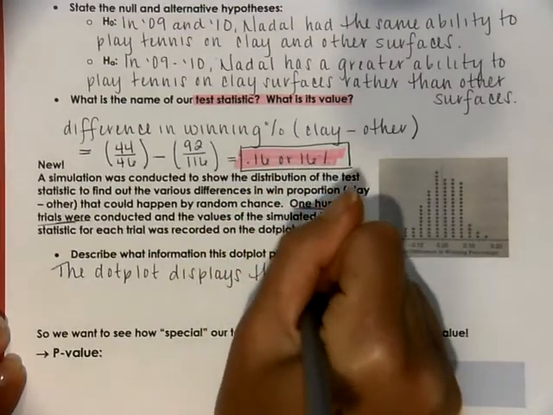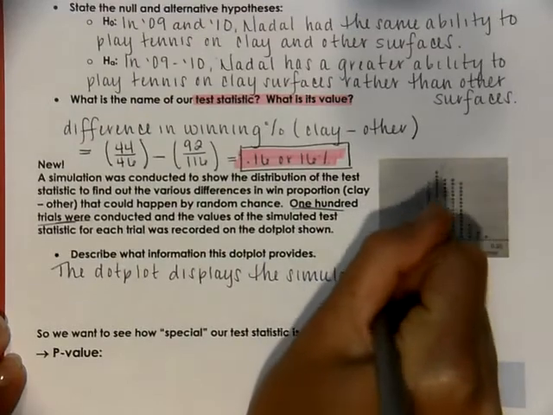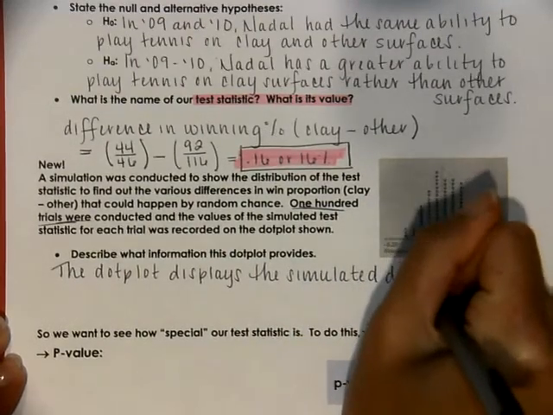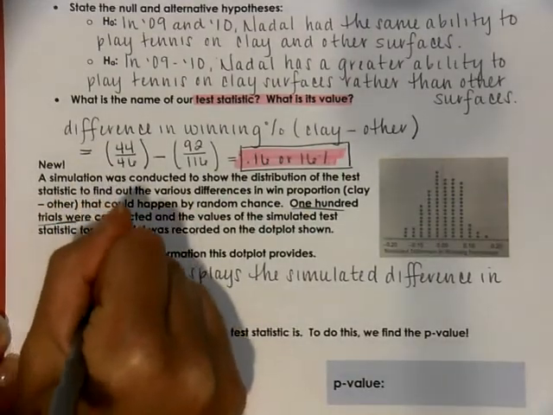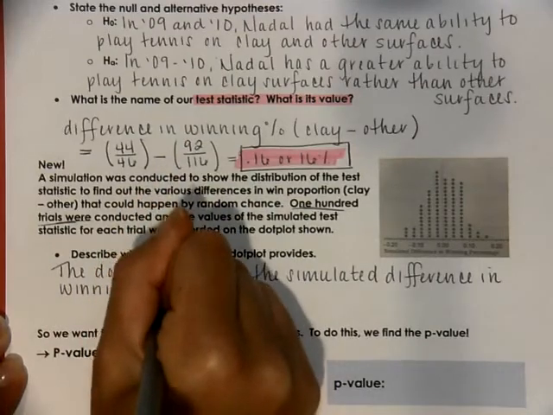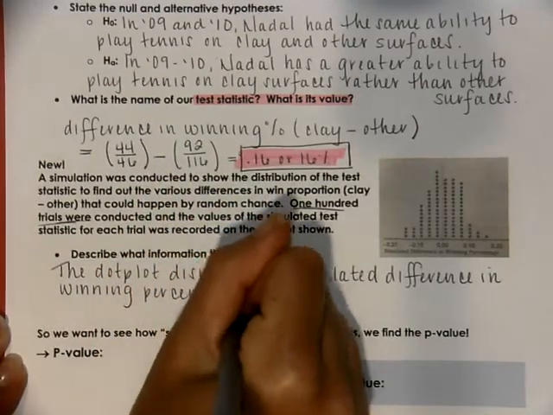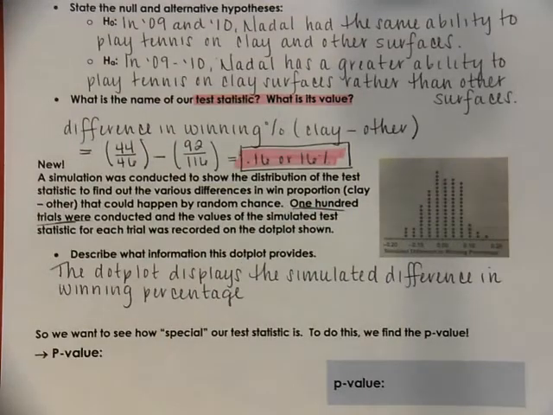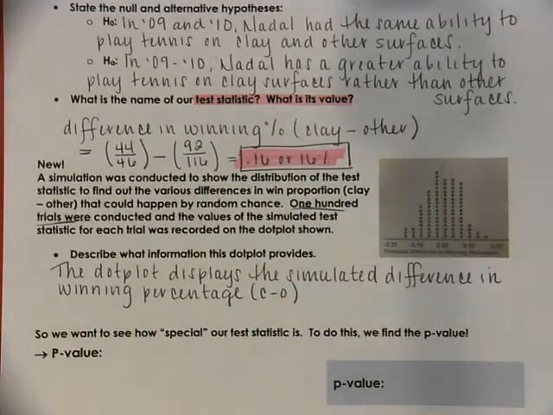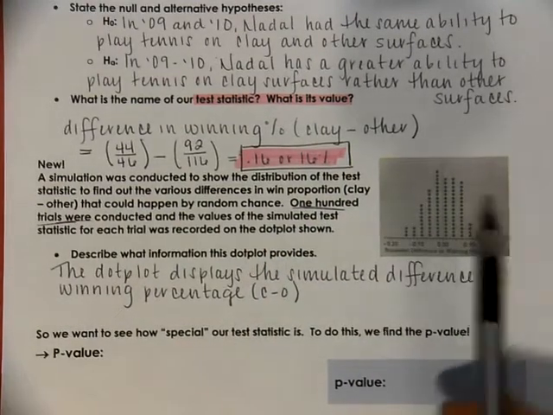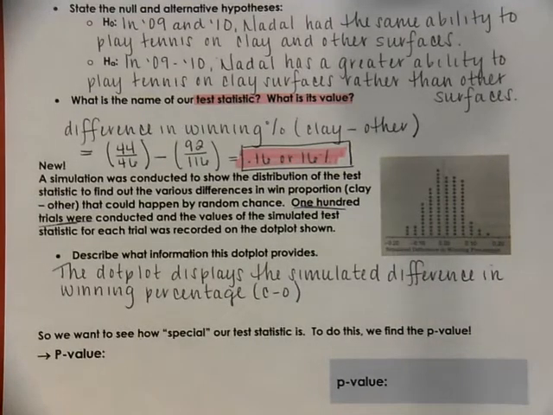the simulated difference in winning percentage, clay minus other, that are likely to happen by random chance. Because it's not always going to be a difference of 0. The ones that are likely, given he really has the same ability on any surface, this is what's likely to happen by random chance.